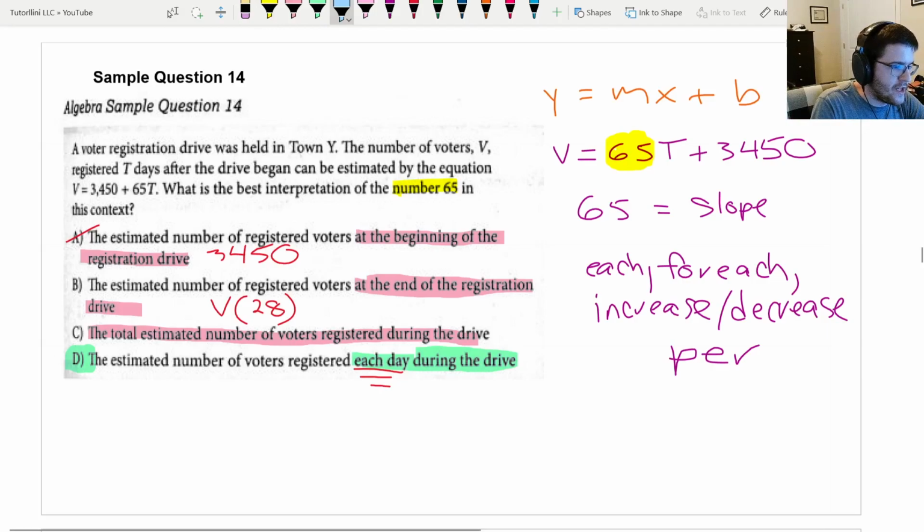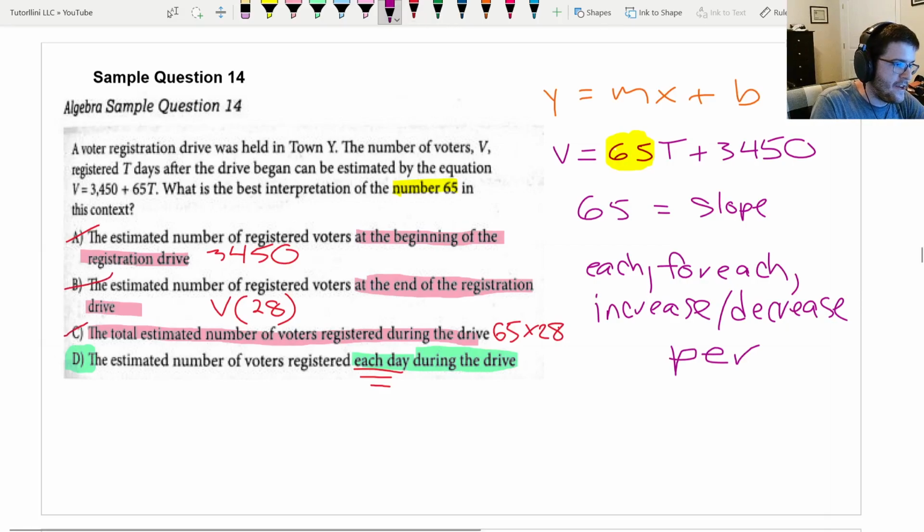And the total estimated number of voters registered during the drive, okay, so that would probably be just 28 if it were 28 days. I'm just spitballing here. We wouldn't count the ones that were already present at the beginning. So that would be like 65 times 28. Again, also not what they're asking you for.